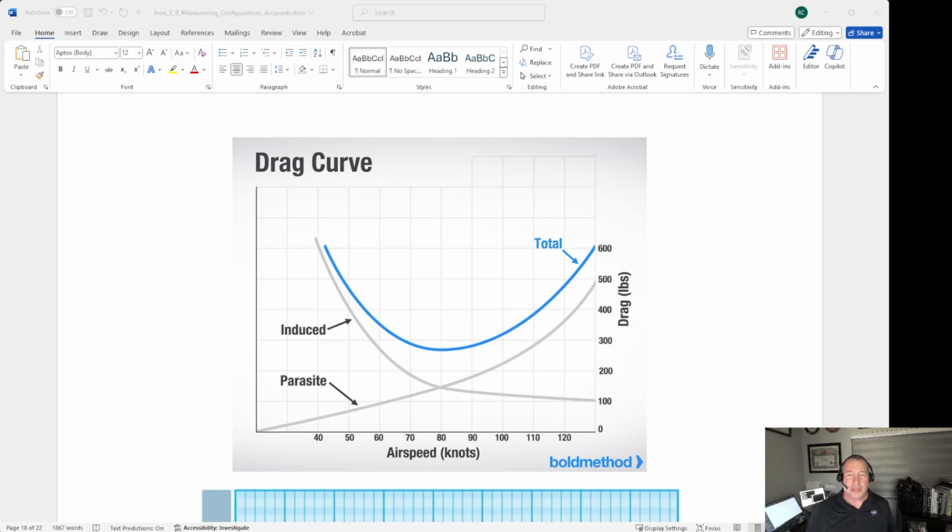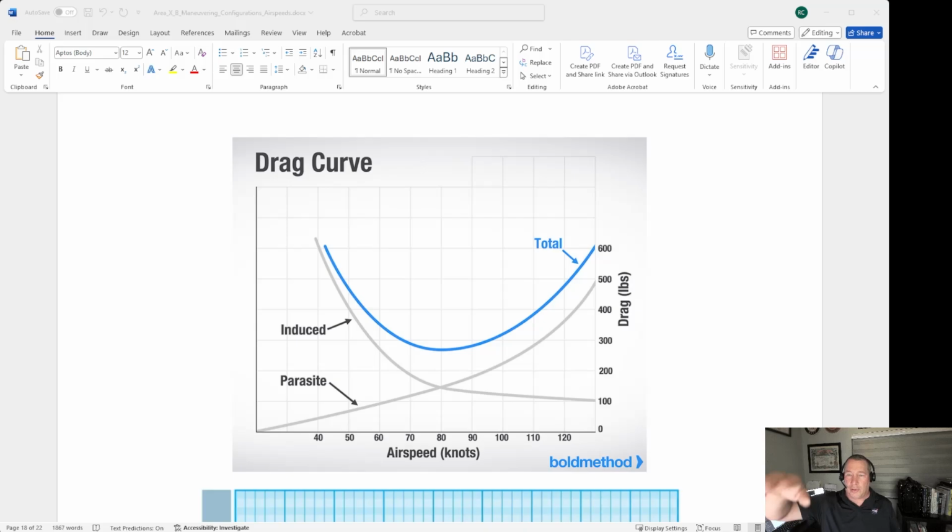Induced drag's interesting. Induced drag is the drag that is created by the creation of lift. Now, these curves, as you can see, move opposite each other when airspeed's increased. Airspeed is depicted left to right. On the left is low airspeed, 0, and on the right is 120, 130 knots.